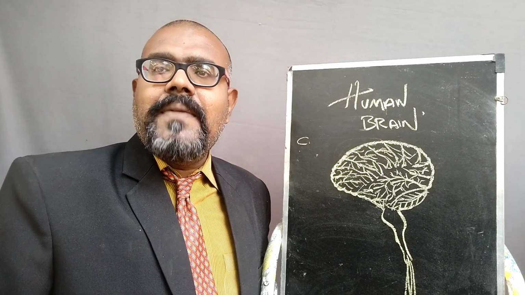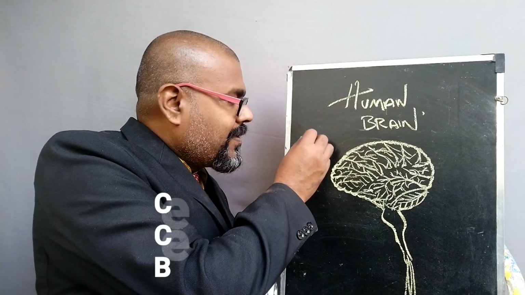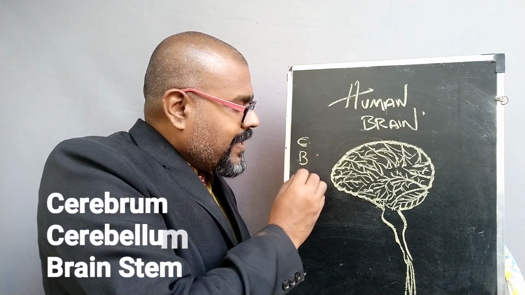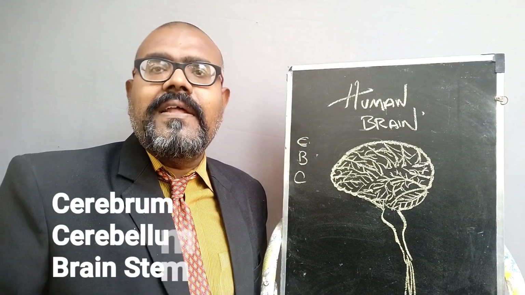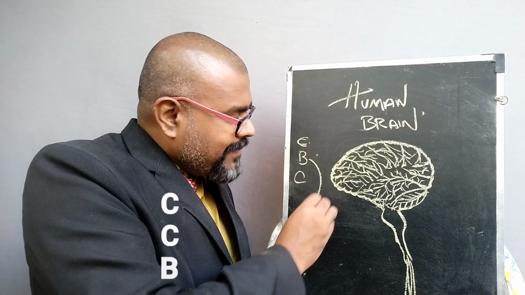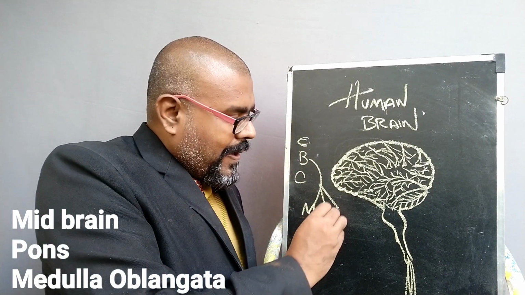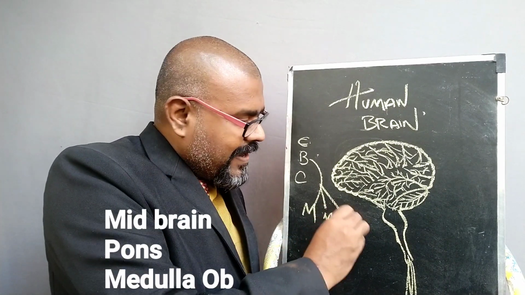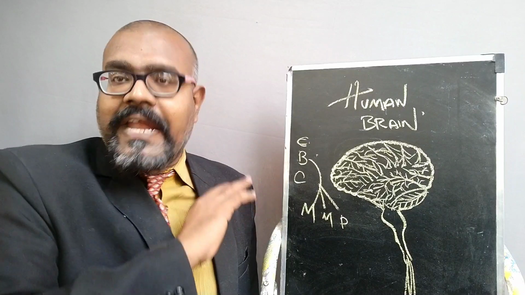We know that the main parts of the human brain include the cerebrum, brainstem and cerebellum. The brainstem includes three parts: midbrain, medulla oblongata and pons. So these are the major parts of the human brain externally.